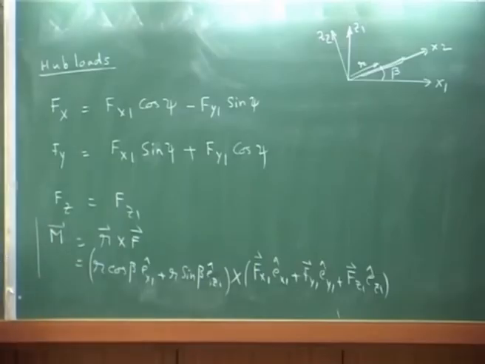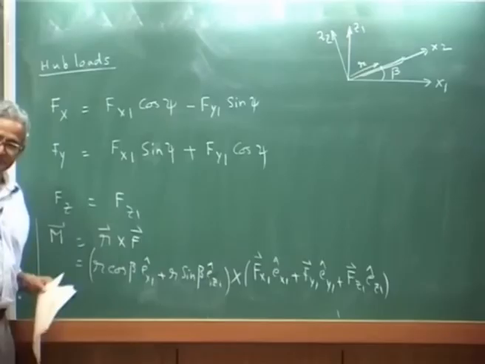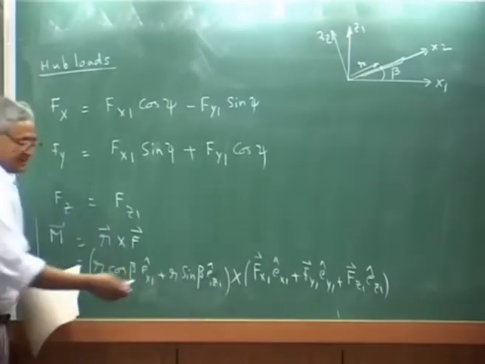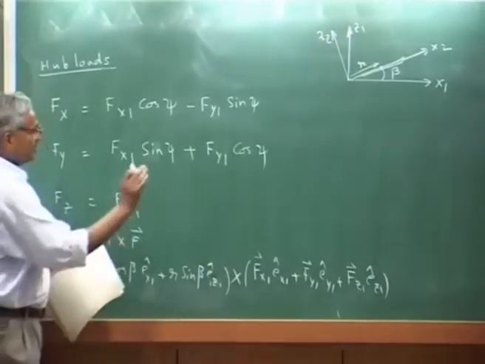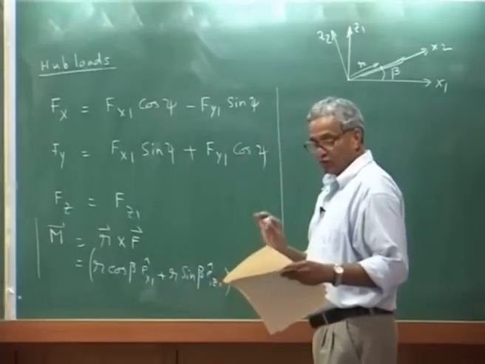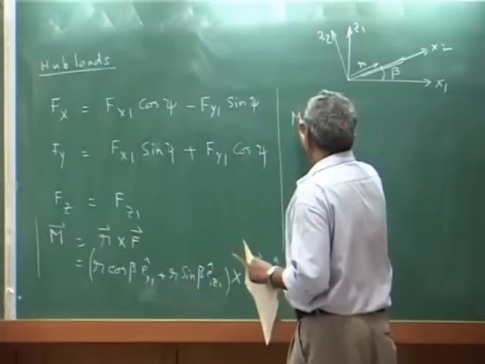Now you can make the approximation that beta is small, so cos beta is 1, sin beta is beta, then make the cross product, and I will write the expression for the moment here in vectorial form, okay.